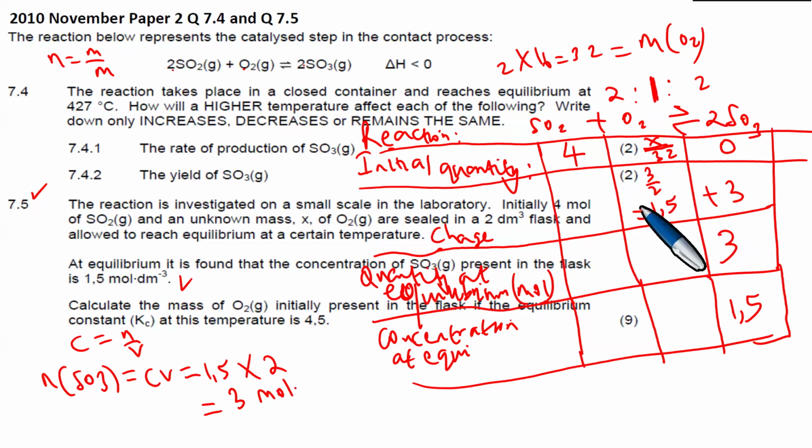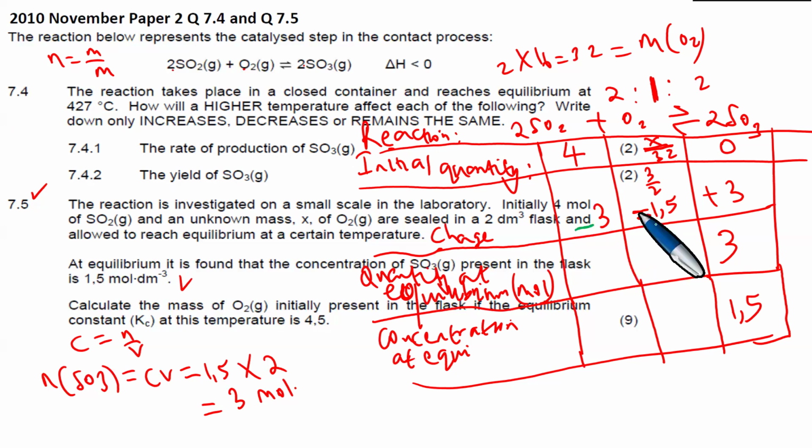Which is 1,5 of the number of moles of the oxygen. Remember there's a 2 here, because it's 2SO2 plus O2 giving 2SO3. So this one is 2SO2, 2SO3, and it is also going to be 3 because it's 2:2, the same. But remember, we're looking at the forward reaction, so these ones are decreasing.